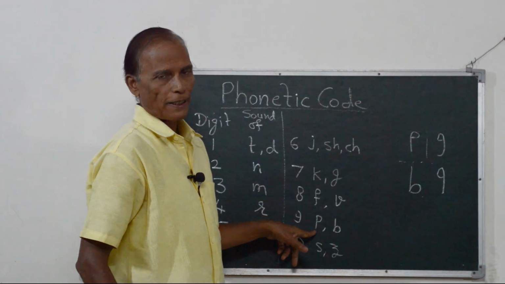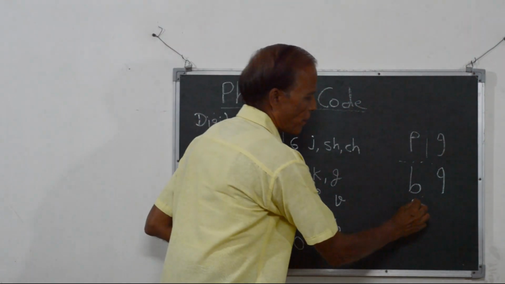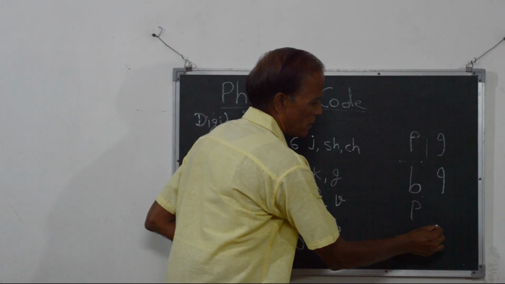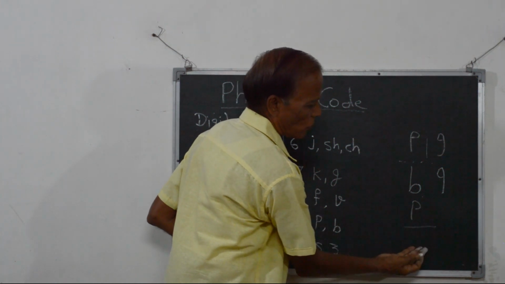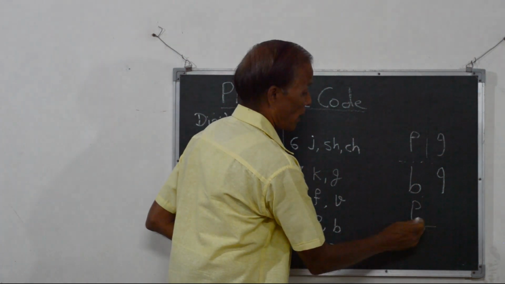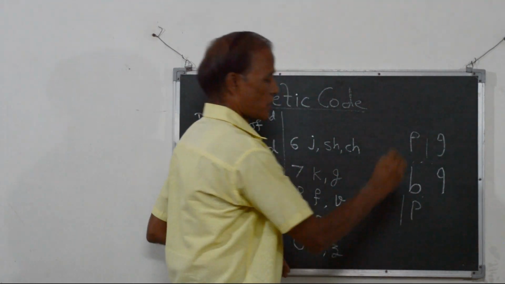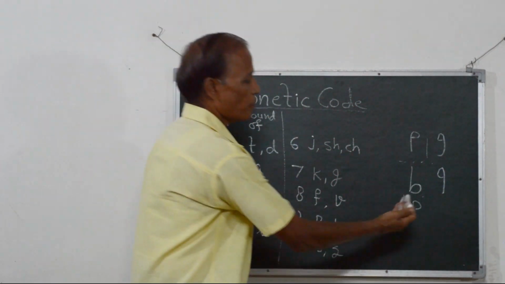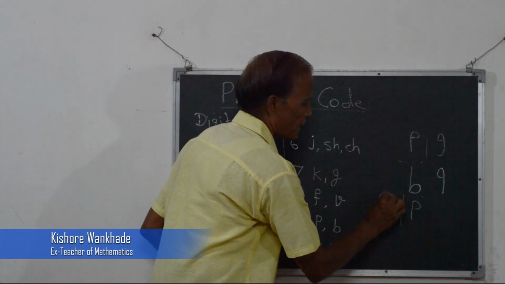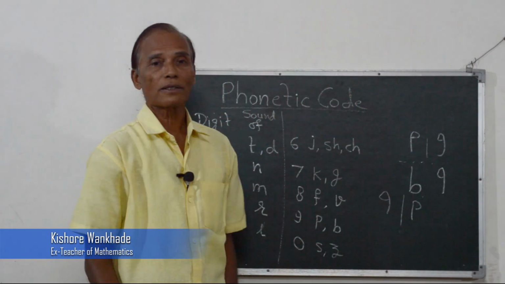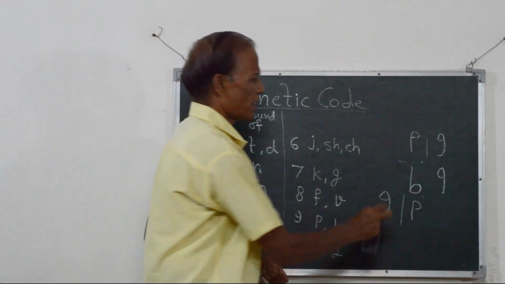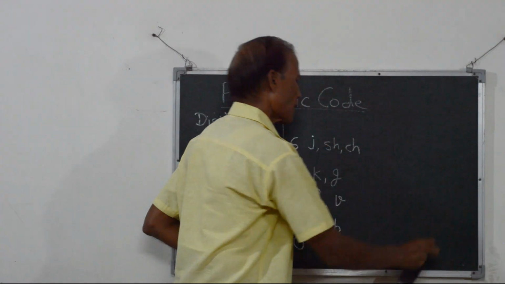Similarly about P, this is P. If I take this as a mirror, so what will be the image? So the mirror image of this will be like this. So it will look like 9. So these are very easy to remember this way.